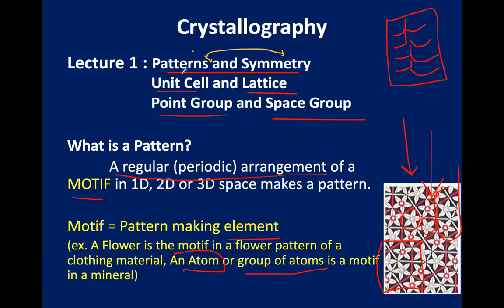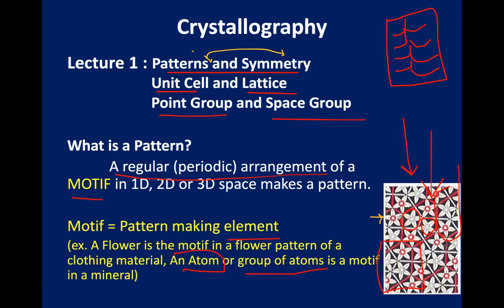Once you have a pattern, it's symmetrical, in the sense that maybe along one direction at least it is symmetric, or two directions or multiple directions. So it depends on each and every mineral that is made up of different crystals. So pattern is that. You just keep that in mind, and you can always remember this one.